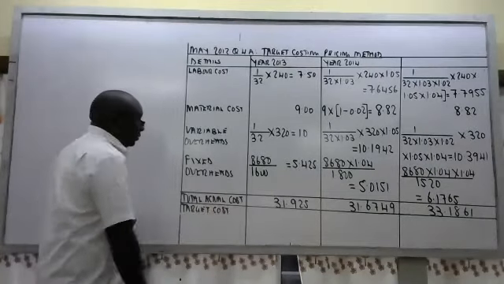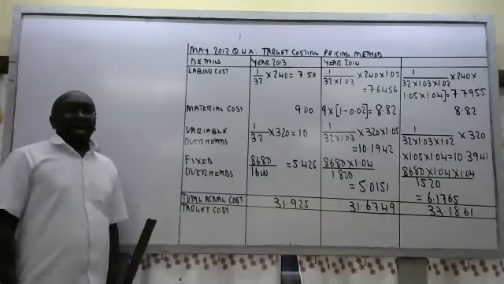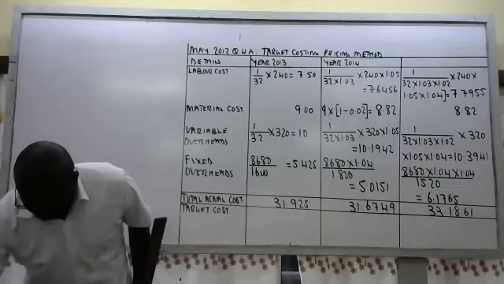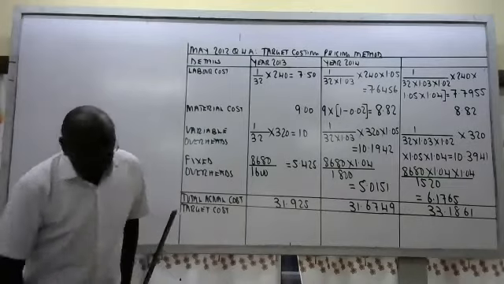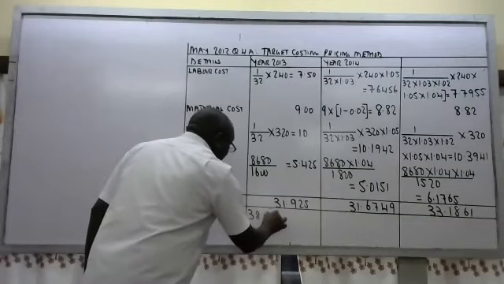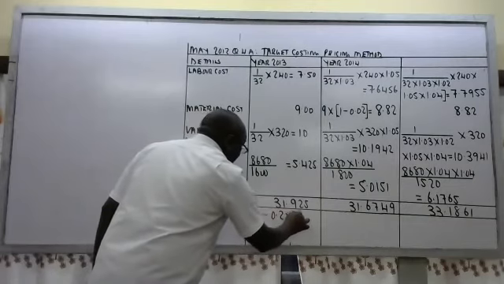Target cost is given as the selling price minus the profit. So for the first year, the selling price is 38 and the profit is 20%.